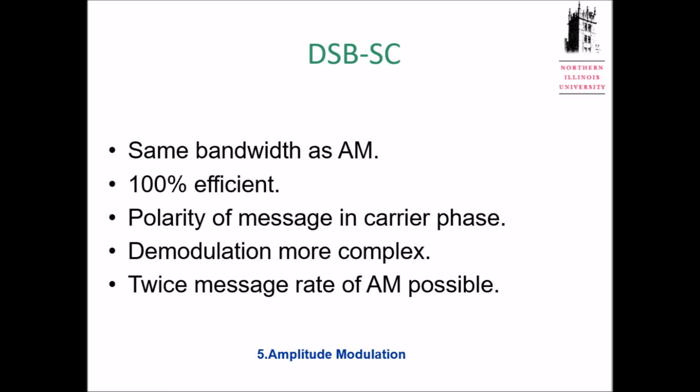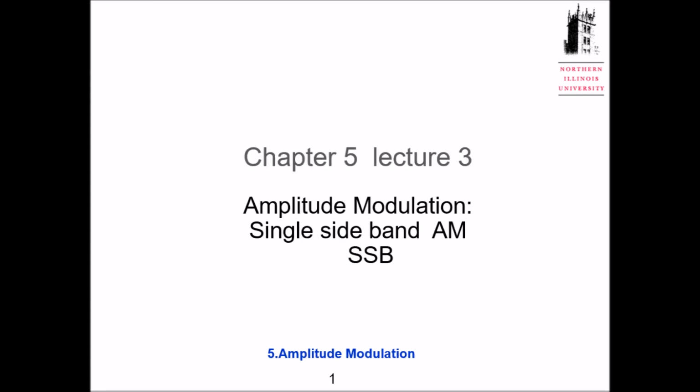So power is 100%, and the receiver is way more complicated. Okay, single sideband. This one we consider the best, the highest efficiency in power and also in bandwidth, single sideband.